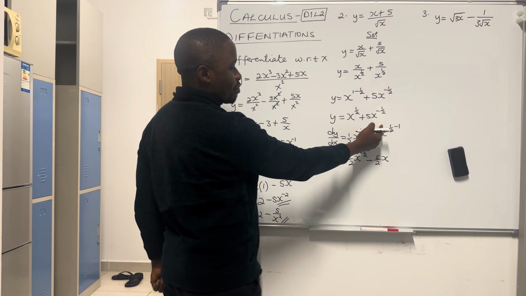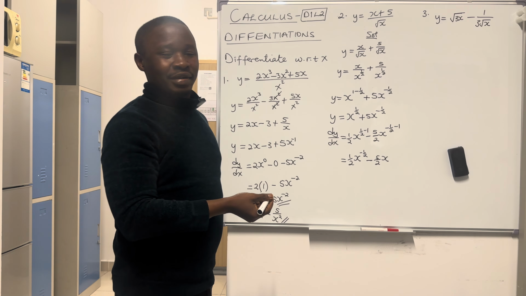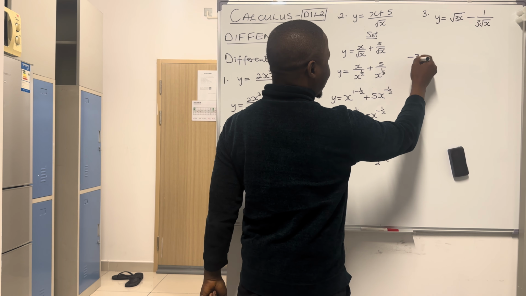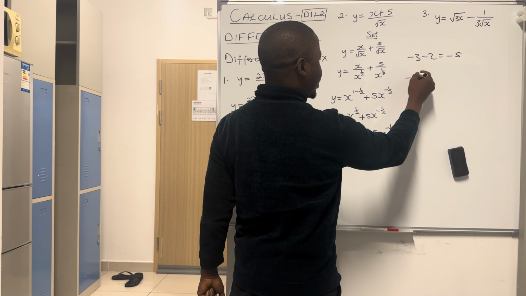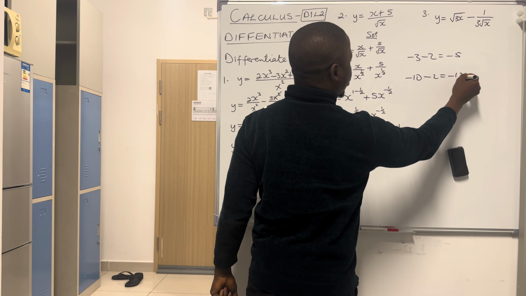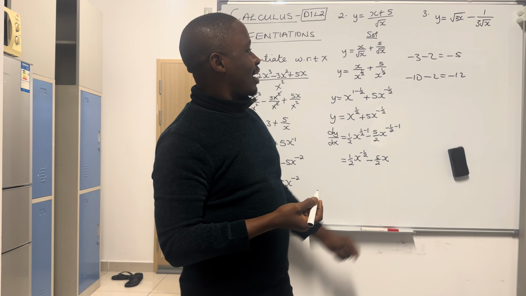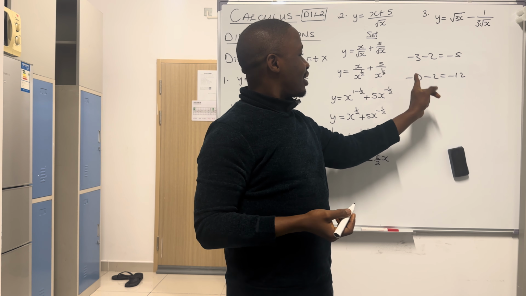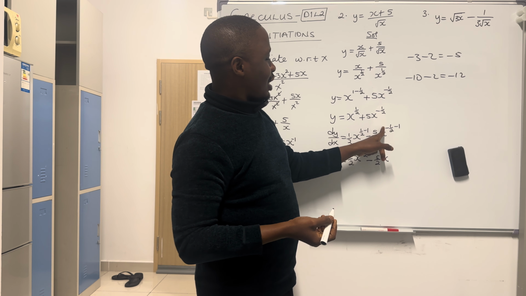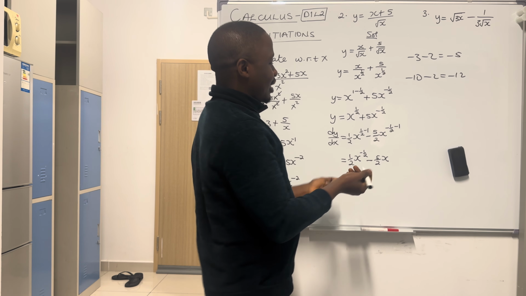Now here, minus half minus 1. Minus 3 minus 2 is minus 5. Minus 10 minus 2 is minus 12. What is the pattern here? We add, then we take the common sign. So minus half minus 1, we add.